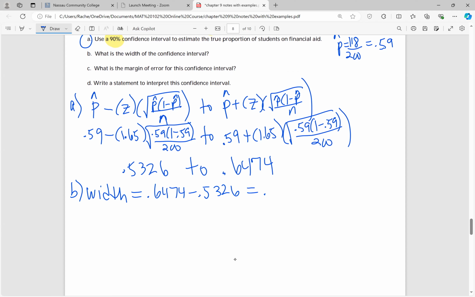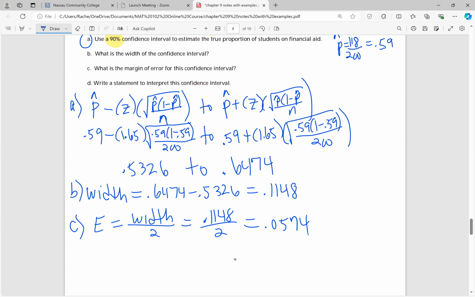And we're going to get 0.1148 for the width of the confidence interval. And then C, the margin of error, is just the width divided by 2. So we take 0.1148 and divide it by 2. And we get 0.0574.